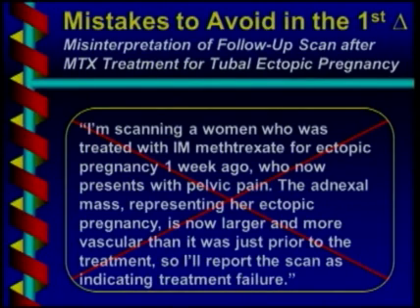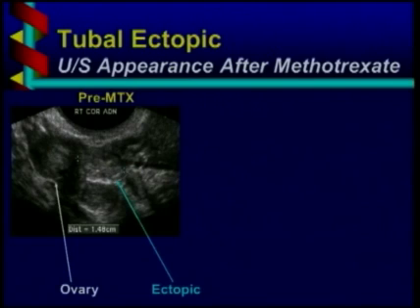Masses of an ectopic pregnancy will often increase in size and vascularity in the 1 to 2 weeks following methotrexate for ectopic pregnancy, even when the pregnancy is successful. Here's an example. This is a woman who had an ultrasound for pelvic pain, positive pregnancy test.